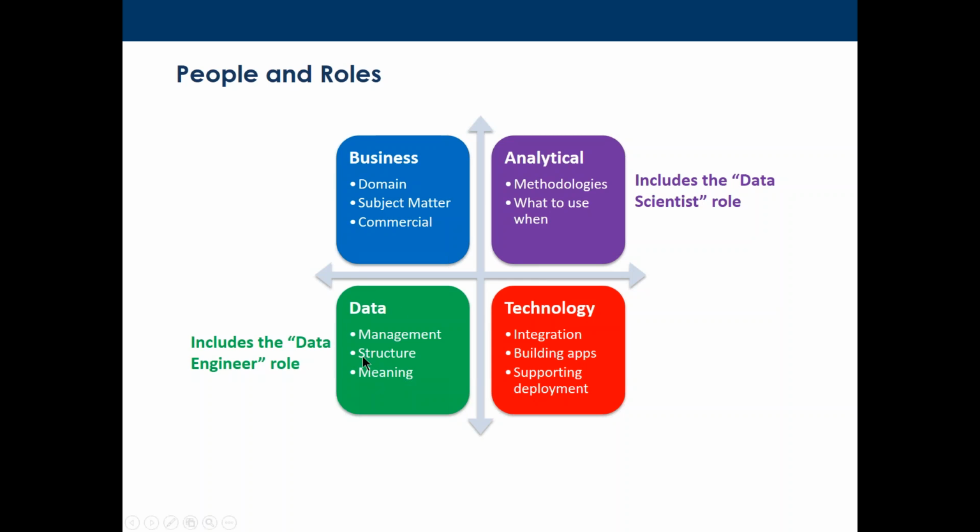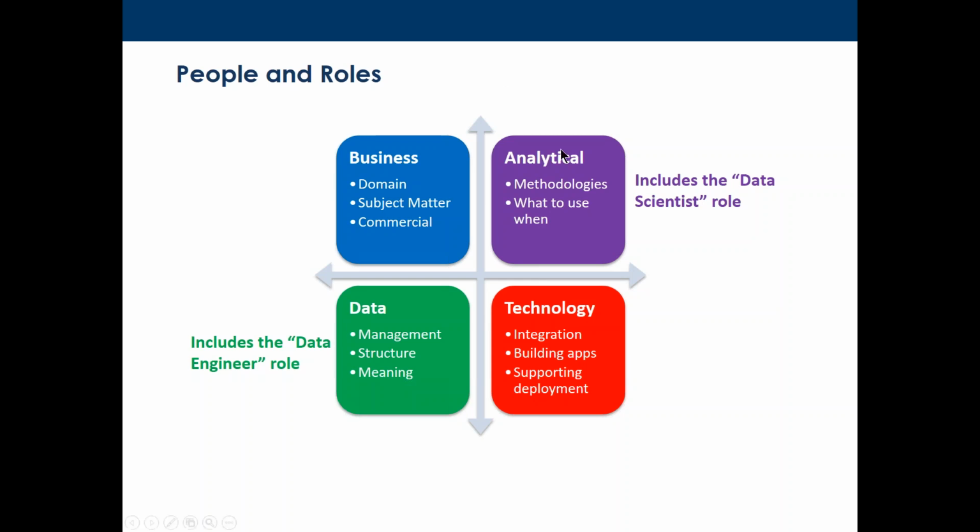Data, again, is somewhat self-evident in the sense that we need to be able to understand what the data means that we bring into the mix when we execute a CRISP-DM process. We need to understand the structures. We need to understand down at quite a detailed level what the data means, how reliable it is, what the sources are, and so on and so forth.